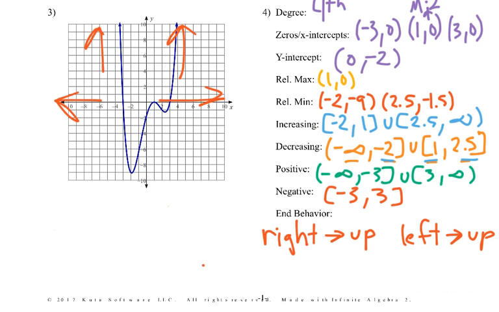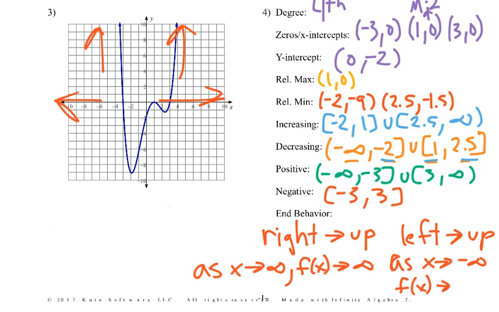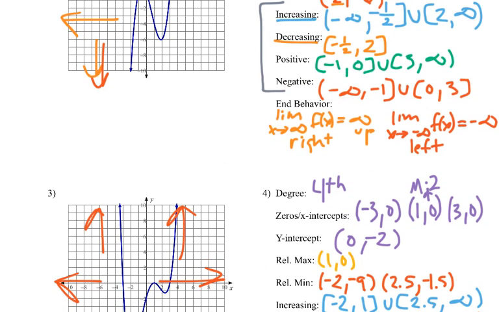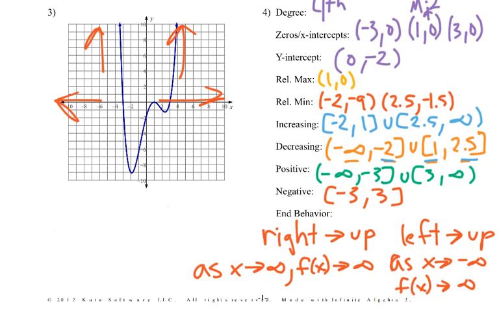Another way you could write it: as x approaches positive infinity, as x goes to the right, f of x approaches positive infinity, f of x goes up. Or as x approaches negative infinity, as x goes to the left, f of x goes up, or to positive infinity. We probably should try to get to the point where you can write it like that and understand it like that. But if for right now you can only do one of these two, I'm okay with that too.